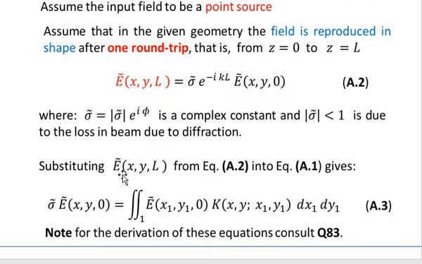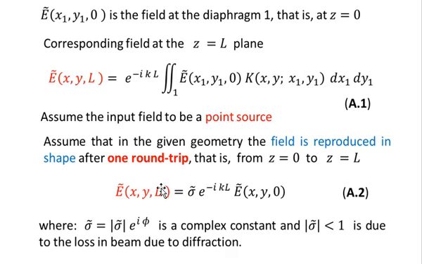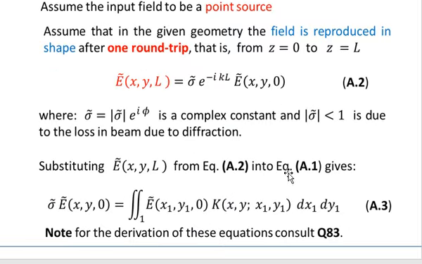Now substituting E prime of x, y, L from equation number A2 into equation number A1. We are using equation A2 in equation A1 because the left hand side, you see that I have marked it with red, and also the left hand side of equation 1 is marked with red. So eliminating E prime of x, y, L between equation A1 and A2, we get sigma prime multiplied by E prime of x, y, 0 is equal to the double integral over the surface, over the aperture of lens 1.